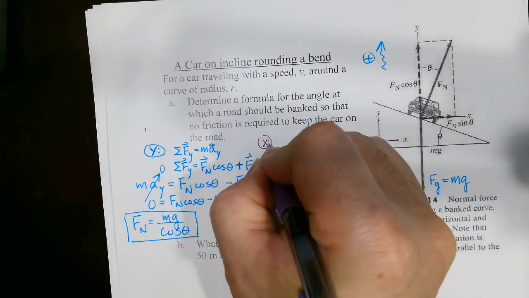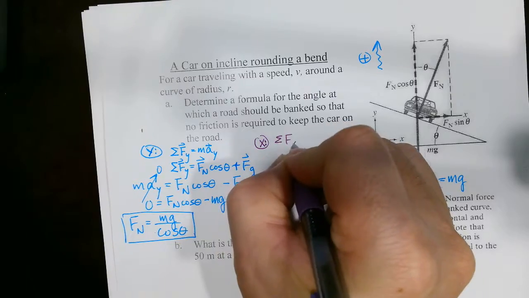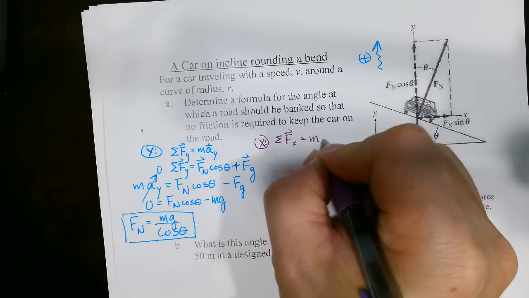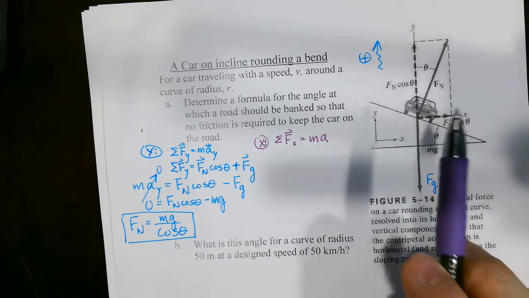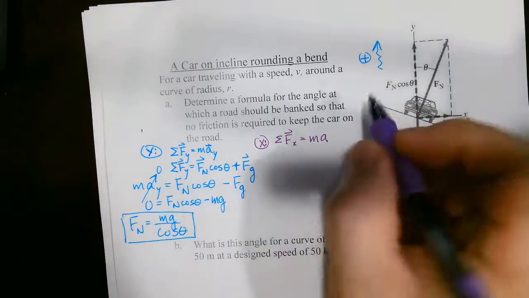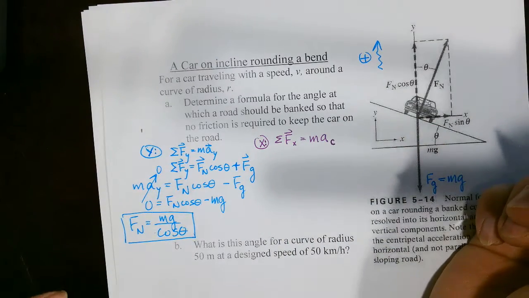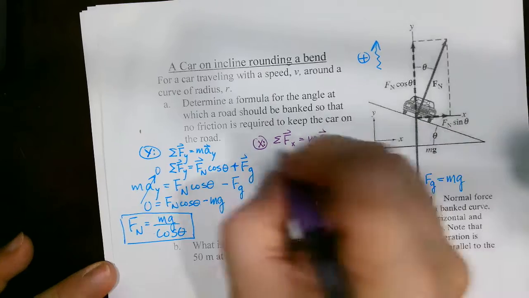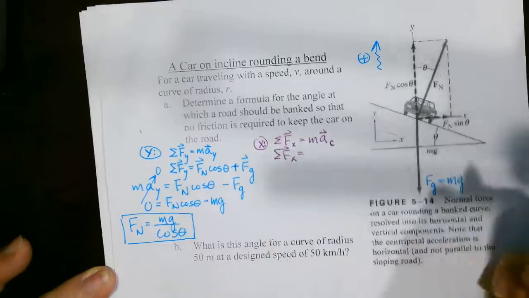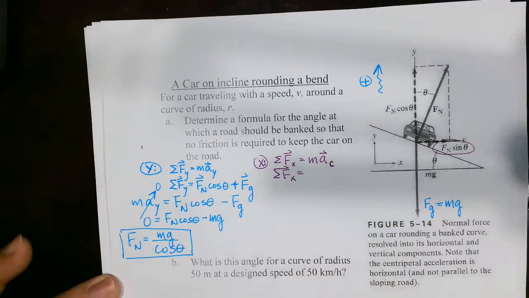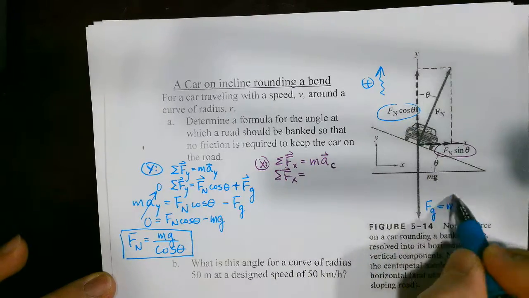In the x direction, the sum of all forces in the x direction is equal to ma. Since this is going in a circle, it is actually going in a circular motion. How many forces are there in the x direction? There's only one force. In the y direction, there were two forces.